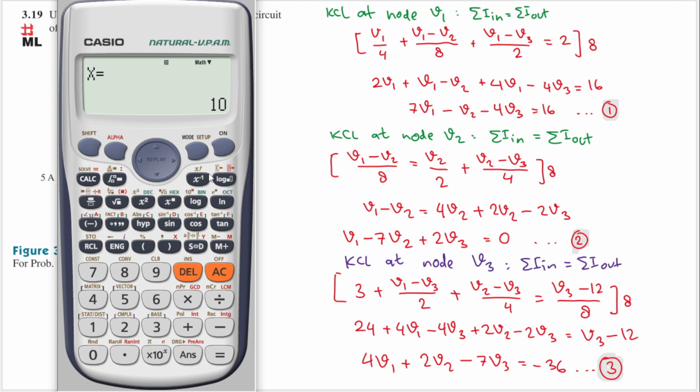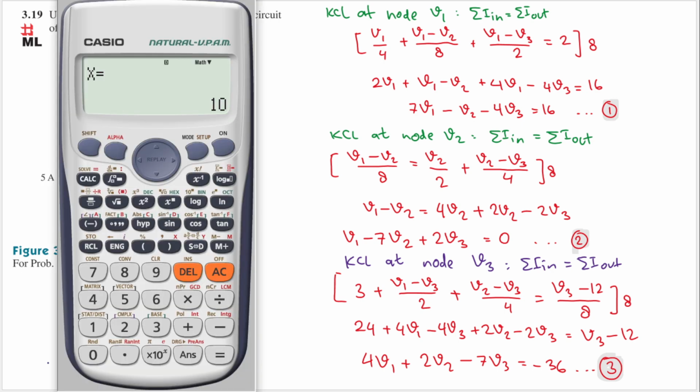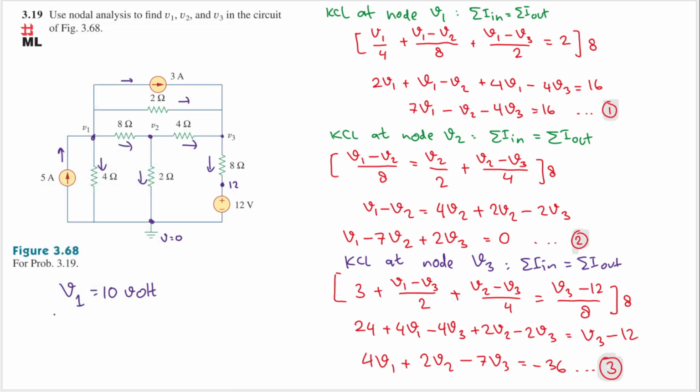Okay, so we will have V1 is equal to 10 volt. And what is V2? Oh, that is not a nice number. 4.933. So V2 is 4.933 volt.